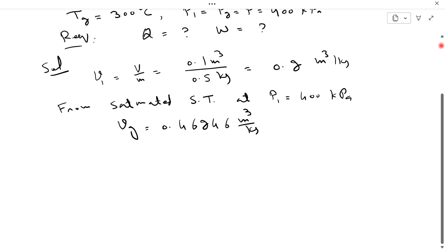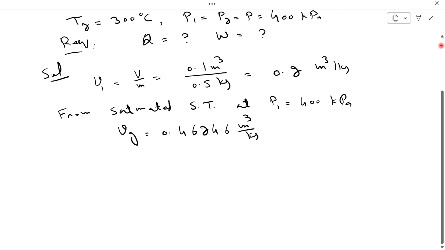It means that state 1 is in the wet region, since the value of V is less than Vg. So steam at state 1 is in the wet region.